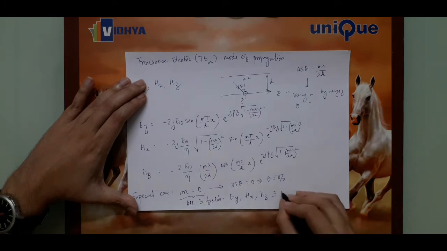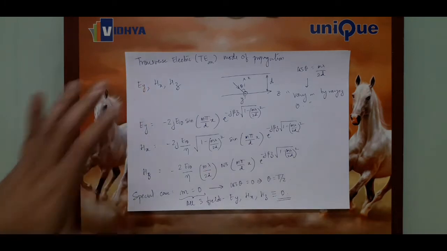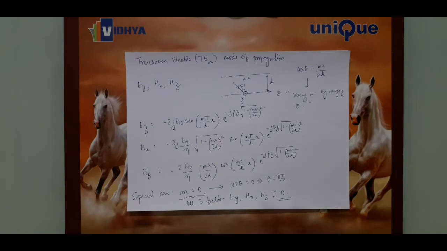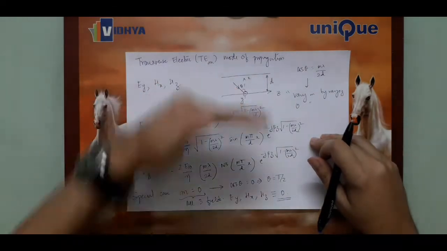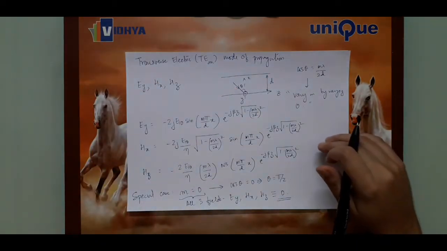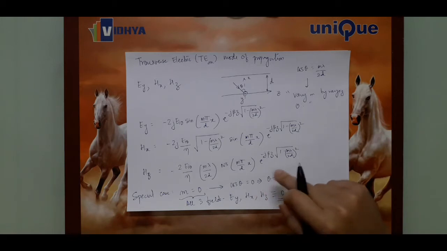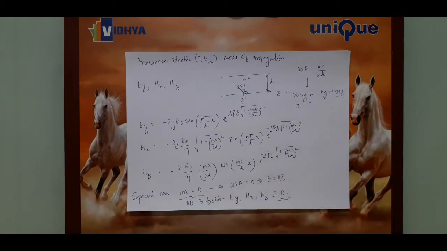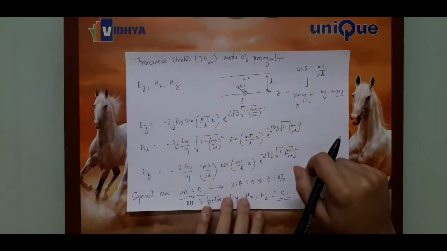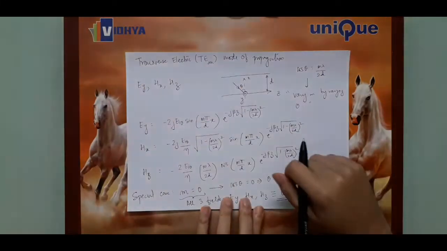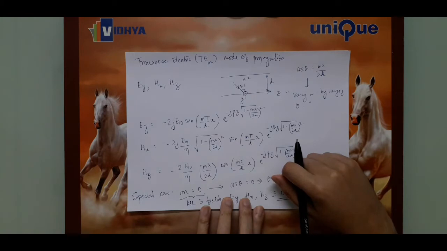So all of them identically become 0. That means it just cannot happen. You cannot sustain a wave which is incident on either of the conductors with an angle of incidence of pi by 2 when the field is vertically polarized. You cannot sustain the TE mode of propagation.